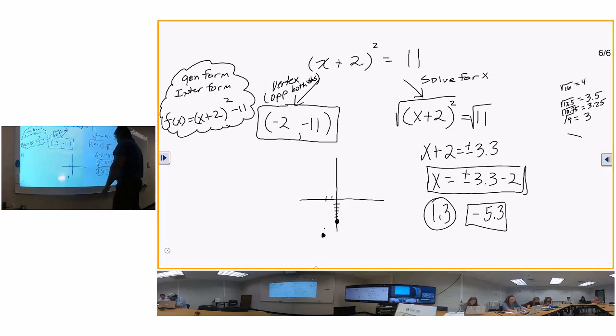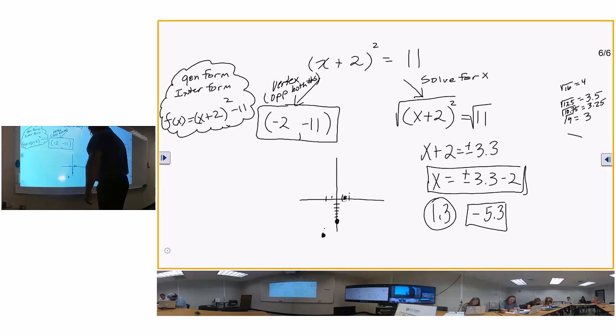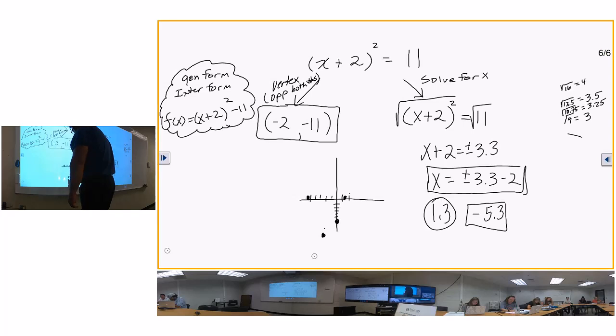We know the 1.3 will be right in there, and negative 5.3. So does everything line up? Yep. Now let's go back and look.